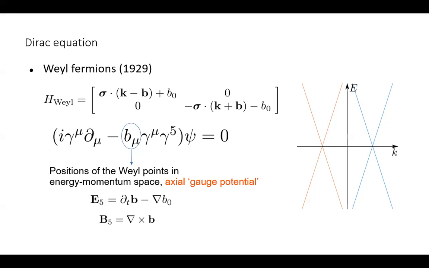And for instance, the time dependence of this B field would look like an axial electric field, and also the gradient would be zero. Mu runs here from 1 to 3, 4, so the zero component would be... and the spatial gradients of this thing look like a magnetic field. Now, the properties of these fields, E5 and B5, are different from the conventional electric and magnetic fields.